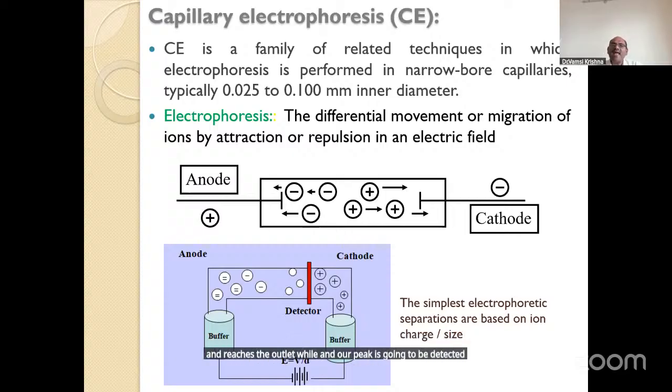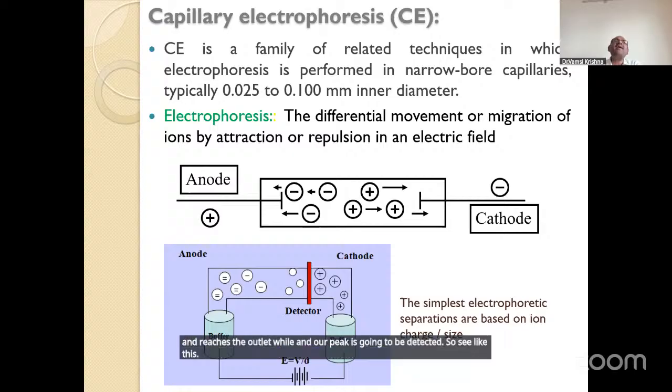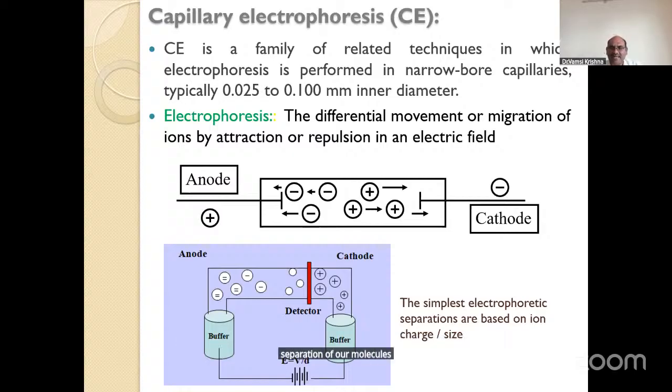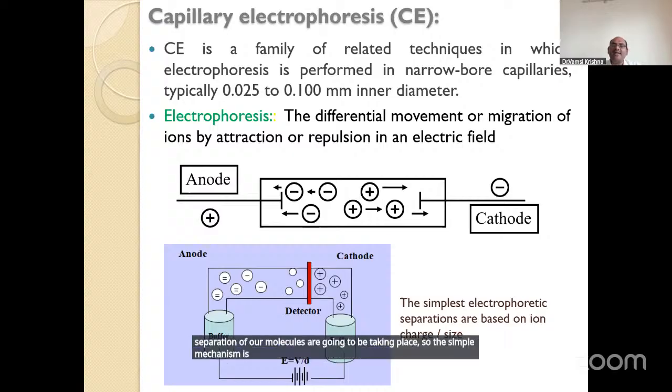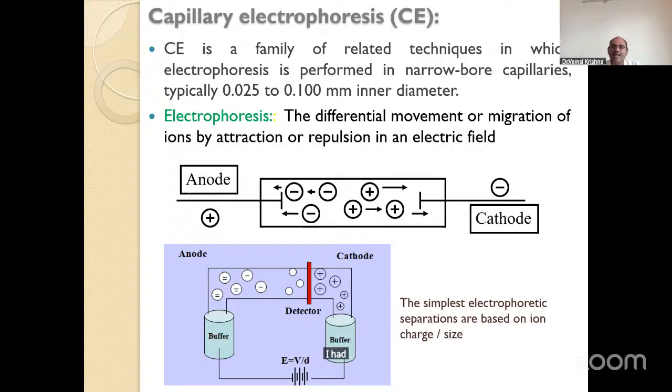Like this, separation of our molecules takes place. The simplest mechanism is that electrophoretic separations are based upon ion charge and size. Based upon their ion charge and size, the separations are going to take place.